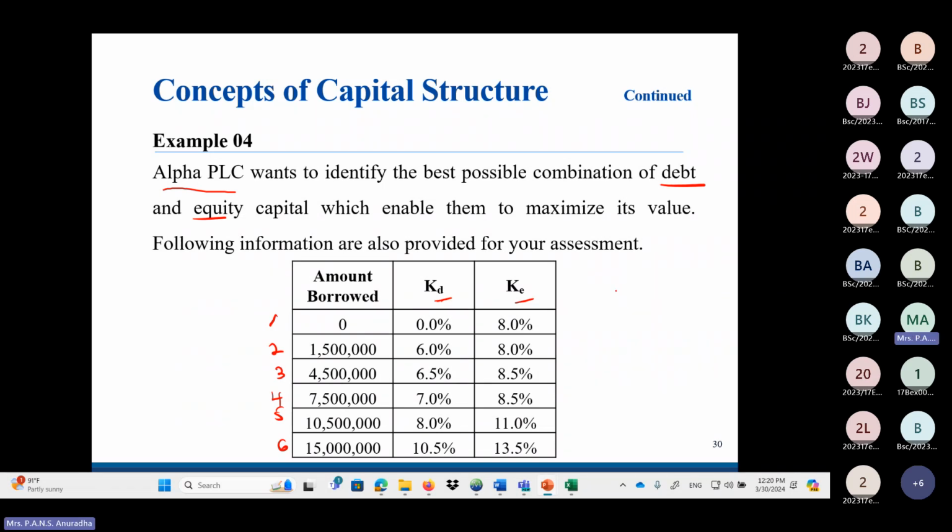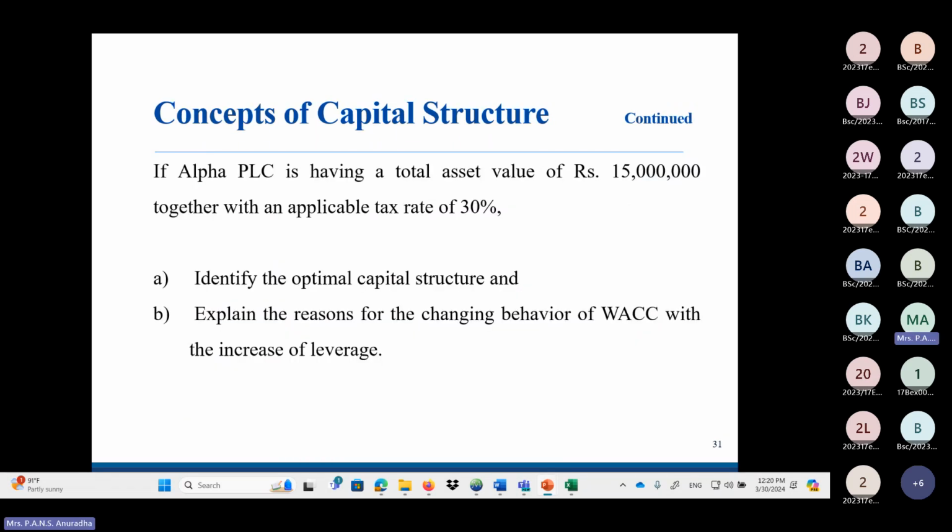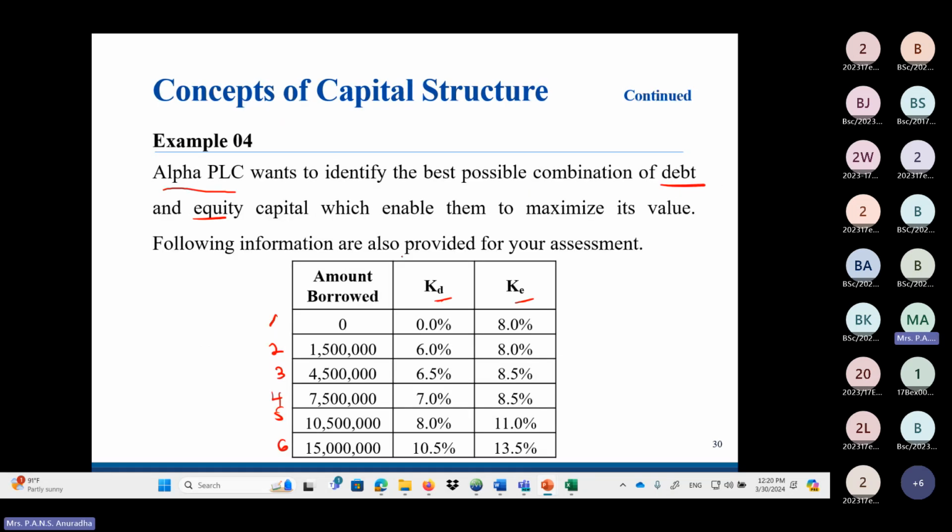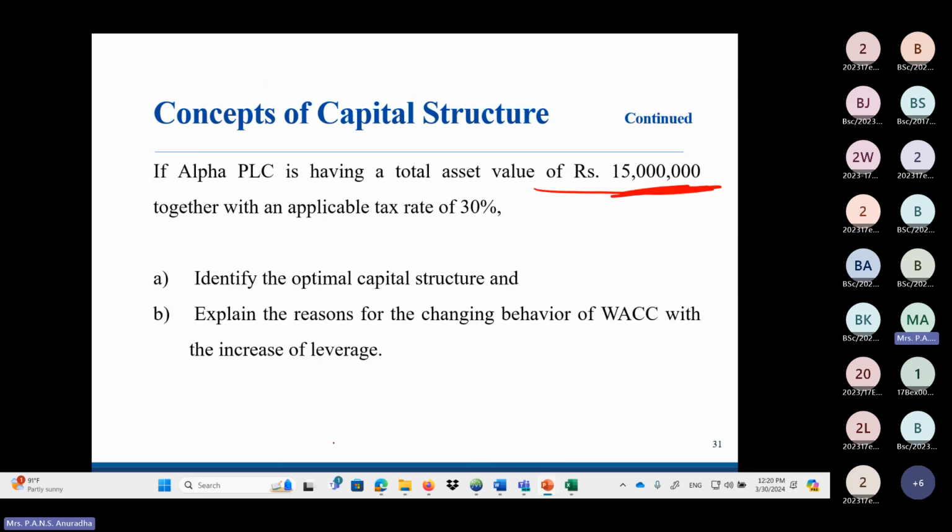If the total asset value is 15 million, then 1.5 is debt, and 4.5 is the debt capital, because this is the amount borrowed from the 15 million. And the tax rate is given like this. So identify the optimal capital structure.